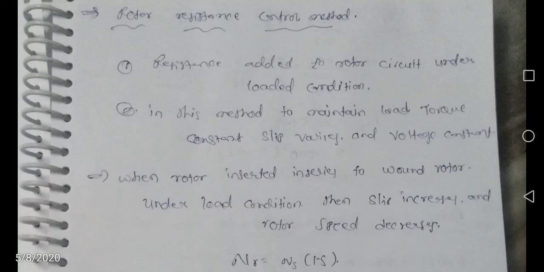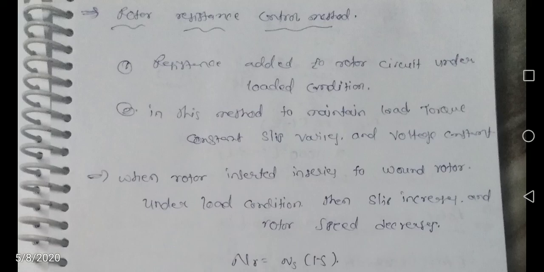The variable voltage, variable frequency drive is also called the below rated speed control method. In the below rated speed region, power is variable and torque is constant. And at above rated speed, it is a constant power, variable torque drive.